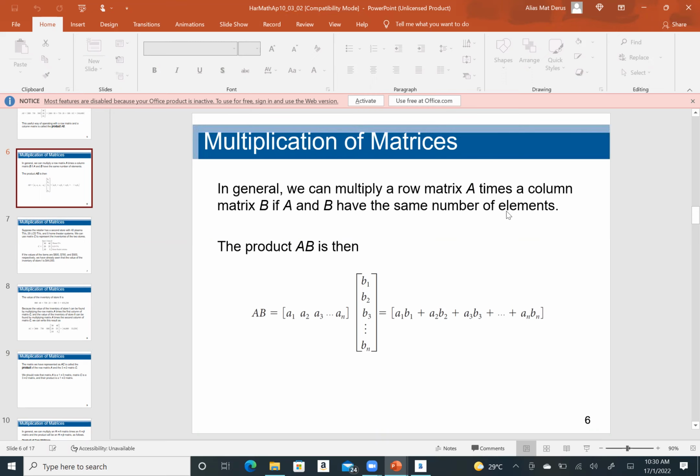All right, both have same element. So, for example, here I have A is the row A1, A2 up to An, and then B matrix is the column matrix B1 up to Bn, and they have same elements.